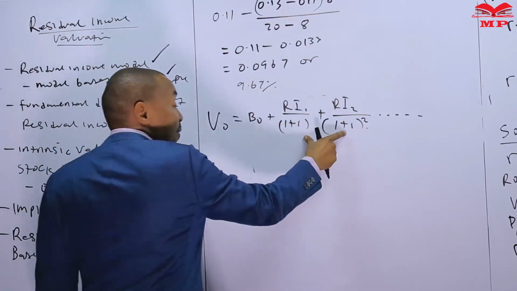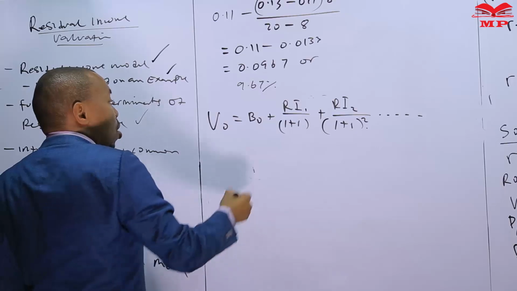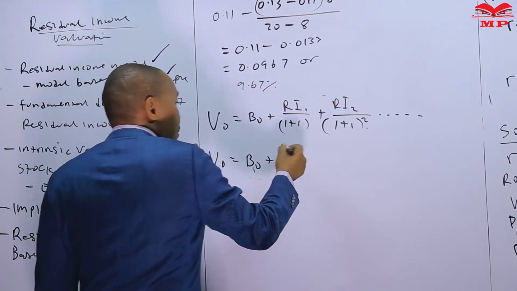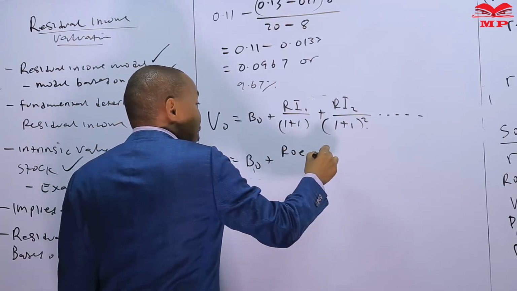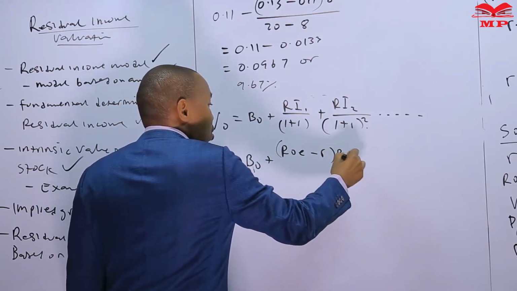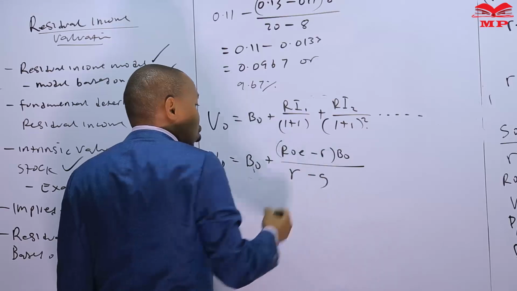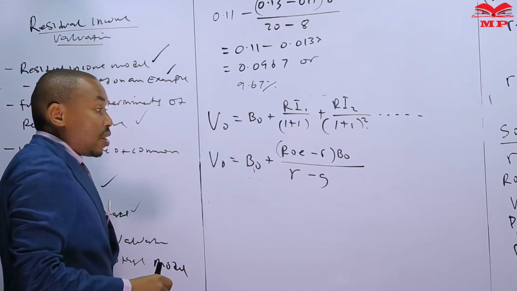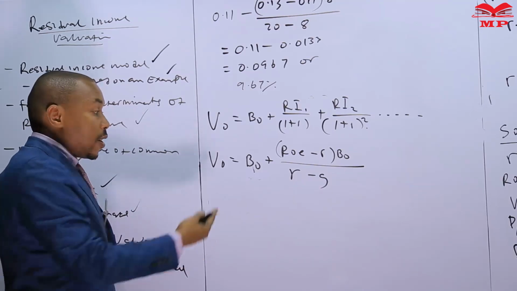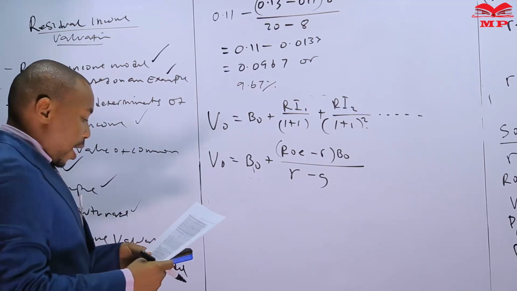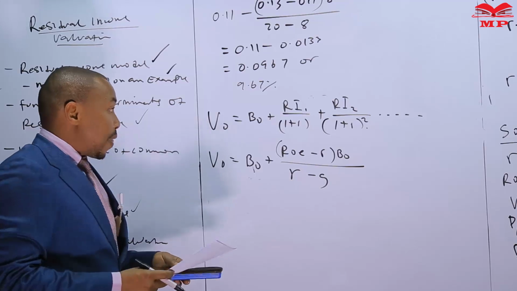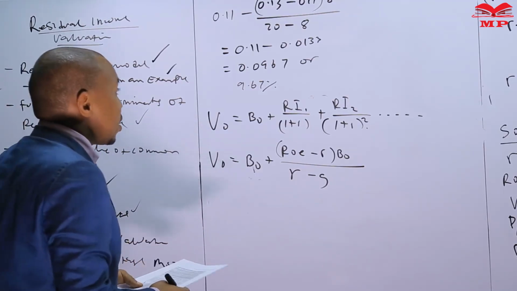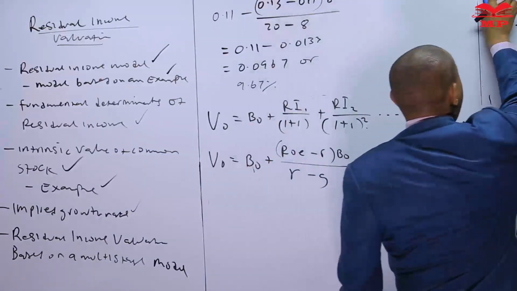Beginning book value plus the present value of expected future residual income, which narrows down now to V0 equals B0 plus ROE minus R times B0 over R minus G. So we will be trying to identify the corresponding residual incomes so that we can get the value of a security. Let's look at an example that can apply and calculate the residual income with the multi-stage model.